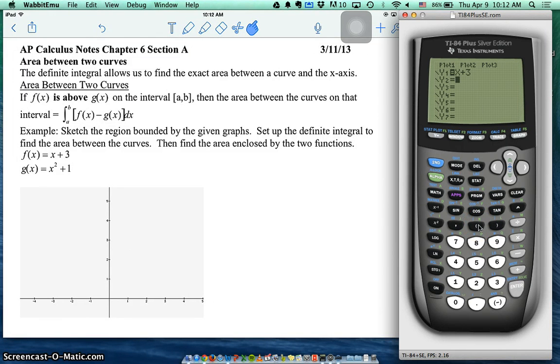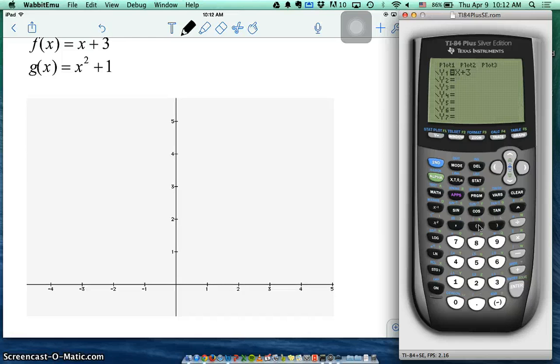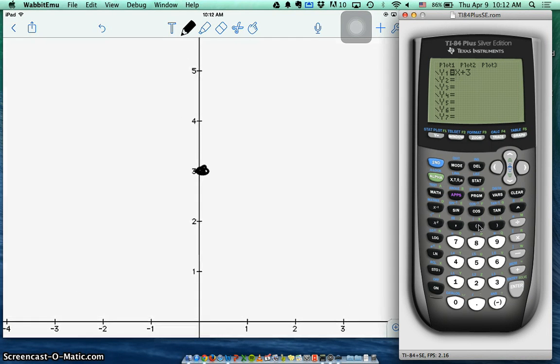Well, actually, without using a graph, we can easily sketch this, because we know that x plus 3 is a straight line that goes through those two points.